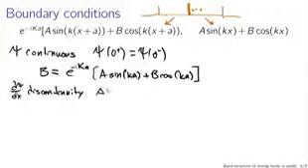The equation, and this is equation 2.125 in your textbook, is that the delta of dψ/dx is equal to 2mα over ħ squared times ψ. So we need to calculate the first derivative of the wave function from the left and from the right, subtract those two, and that's then going to be related to the value of the wave function and these constants, where alpha here is the same constant that we used to describe the strength of the delta function potential when we first introduced the structure of the potential.